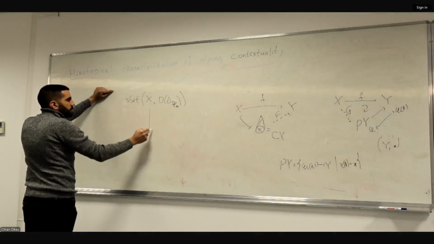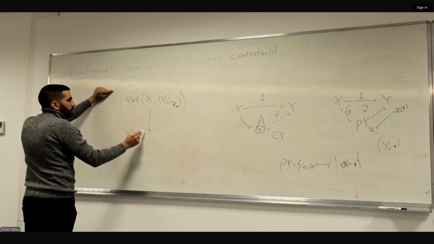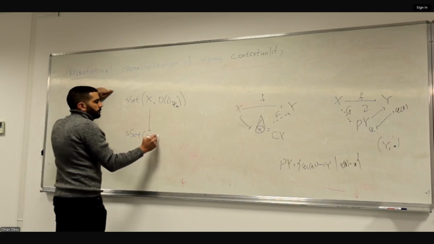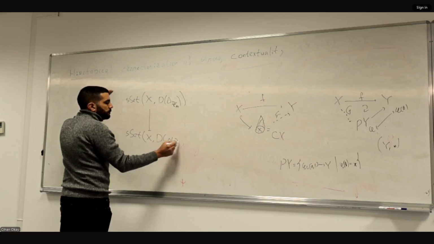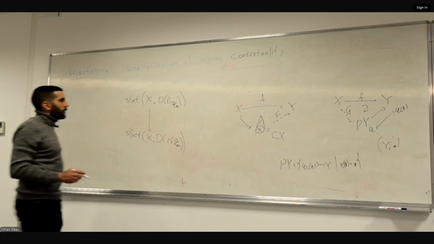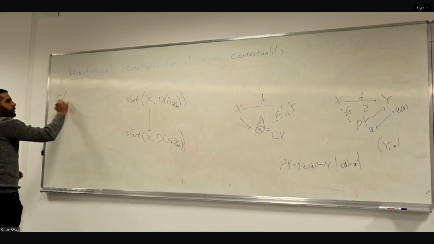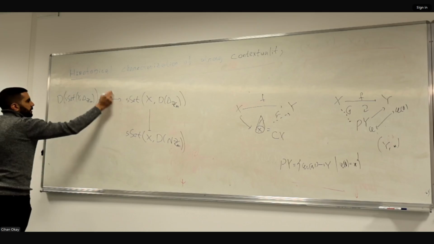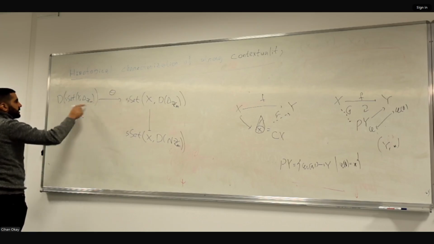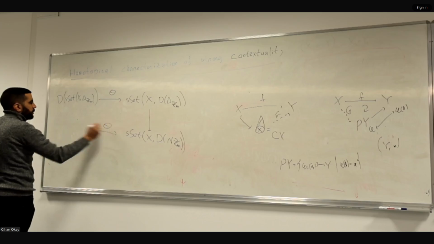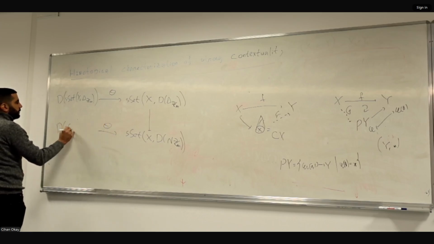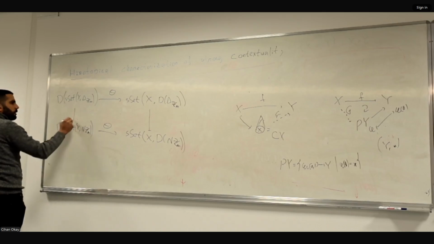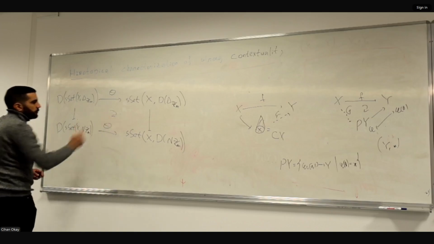We have this map. And here also we have theta of this, x delta Zm, and here theta for the nerve Zm. Yeah. And this diagram commutes.